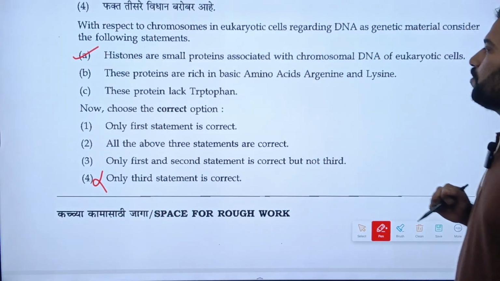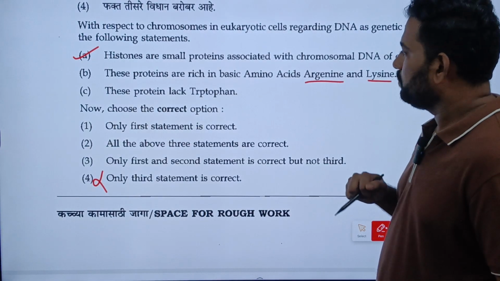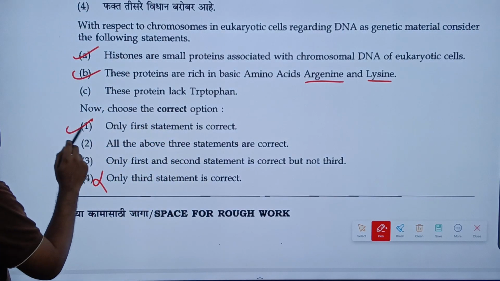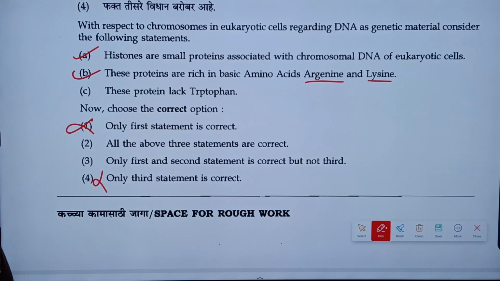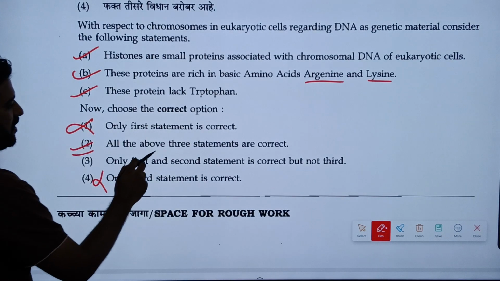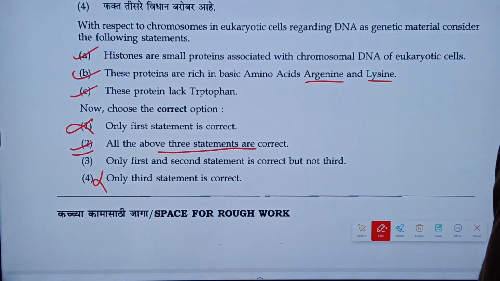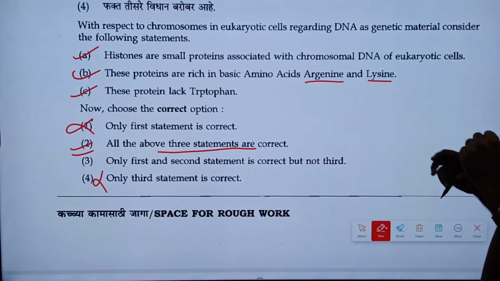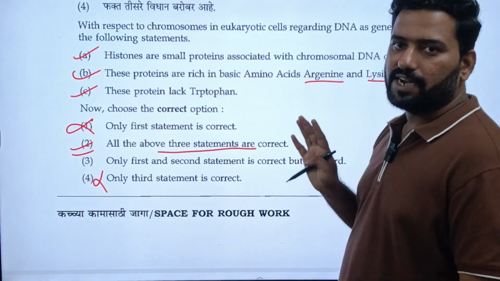Second: these proteins are rich in basic amino acids, arginine and lysine. Again, right statement. So only the first statement is correct is also eliminated. These proteins lack tryptophan. All three statements are correct in this case.